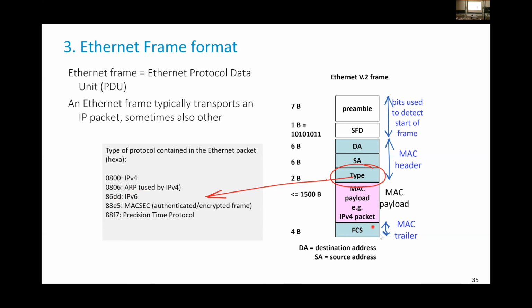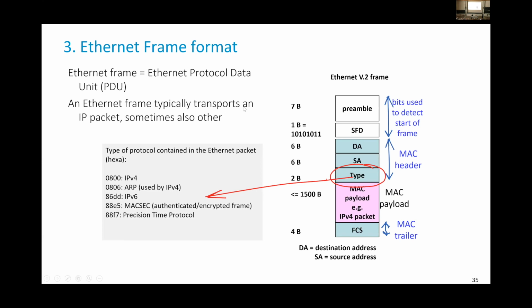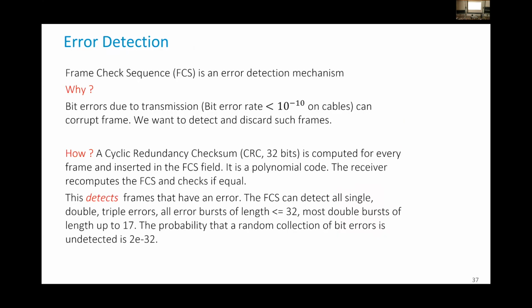And at the end, there is a checksum called the frame check sequence that is explained here. That's an error detection mechanism. So on Ethernet, errors are very rare, but they are not nonexistent.